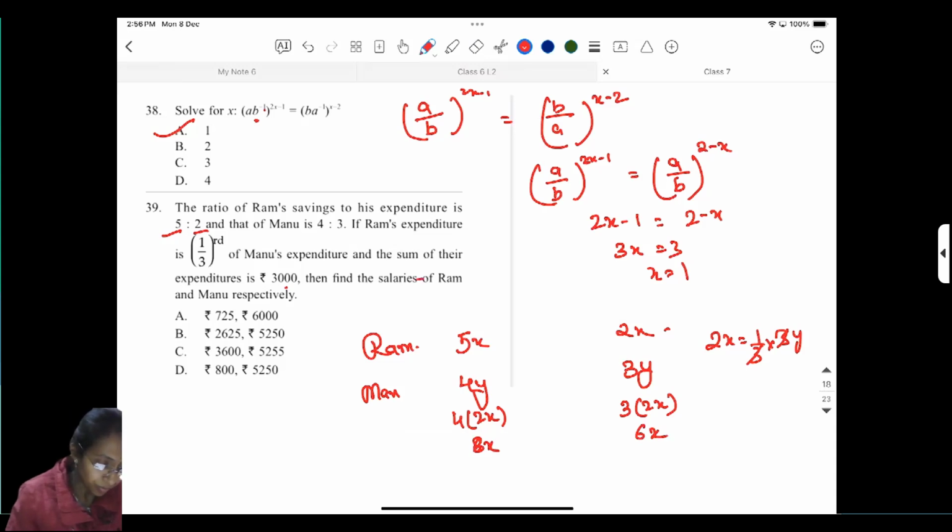Now, the sum of their expenditures is 3,000. That means the sum of 2x and 6x, 8x, is equal to 3,000. So x is equal to 3,000 by 8. Find the salaries of Manu and Ram. Now, Ram's salary will be total 7x.